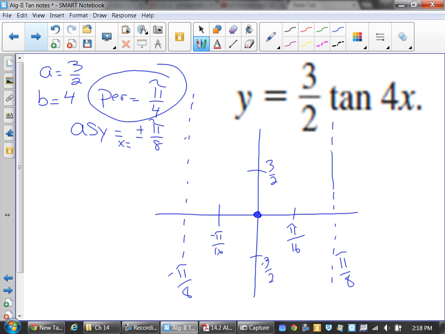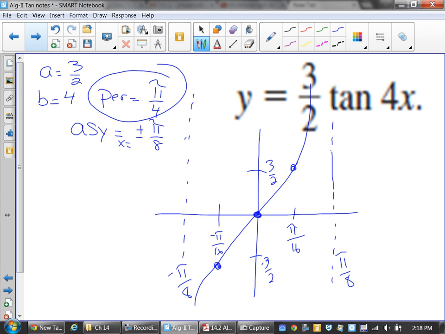Tangent is always increasing going from left to right if your a value is positive. So it goes here, here, here. Connect your dots. You're done. That's a non-shifted tangent graph.